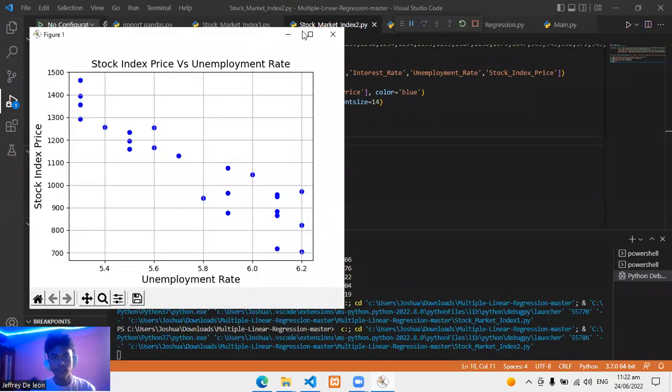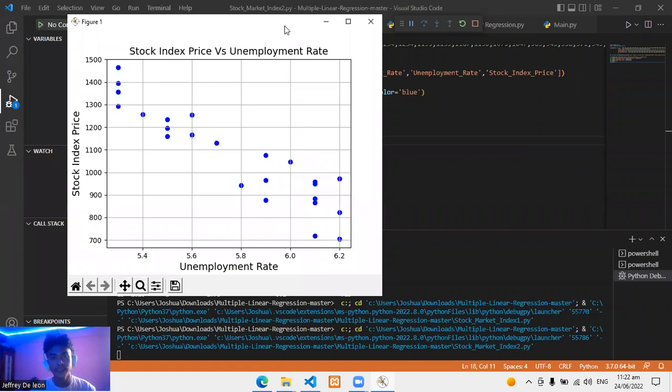Dito nag-exist din po yung linear relationship ng ating stock index price and also the unemployment rate. But as you can see, yung slope nila is pabaliktad, pababa po siya, which is negative. So we can say that kapag si unemployment rate is pataas, si stock index price po is pababa.